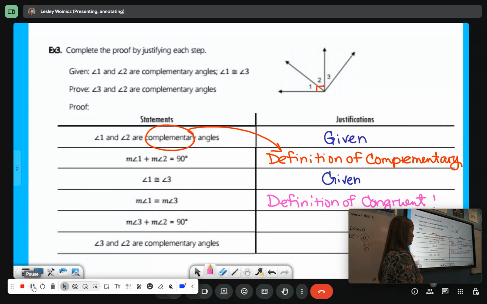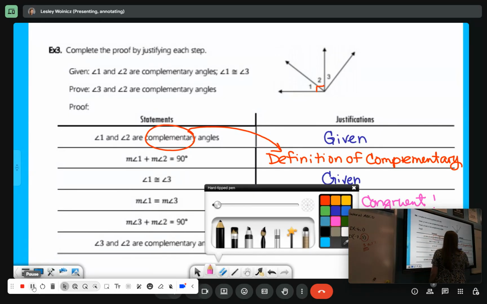So, how do I know that the measure of angle 3 and the measure of angle 2 have a sum of 90? The definition of complementary. No, look at it. Because our right angle. No, no, no. No, Jason. No, no.